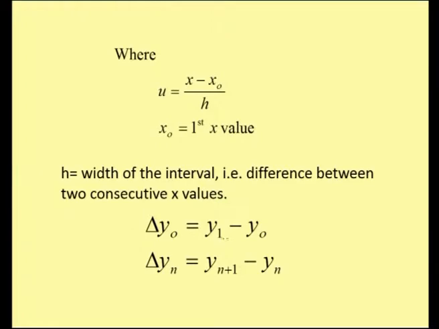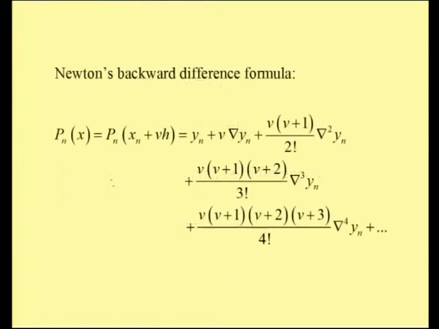So, del y naught is y1 minus y naught, del yn in general is yn plus 1 minus yn. All these have been discussed earlier, and then here again v is taken as x minus xn by h.